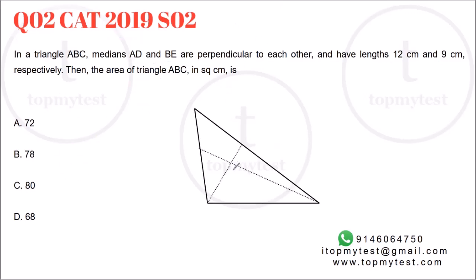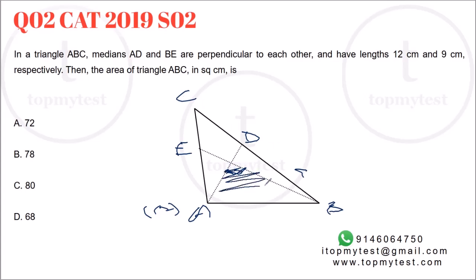These two medians are perpendicular to each other. So suppose AD and BE are given to you. This is C. This length is 12 units and this length is 9 units. Now you need to find the area of the full triangle ABC.